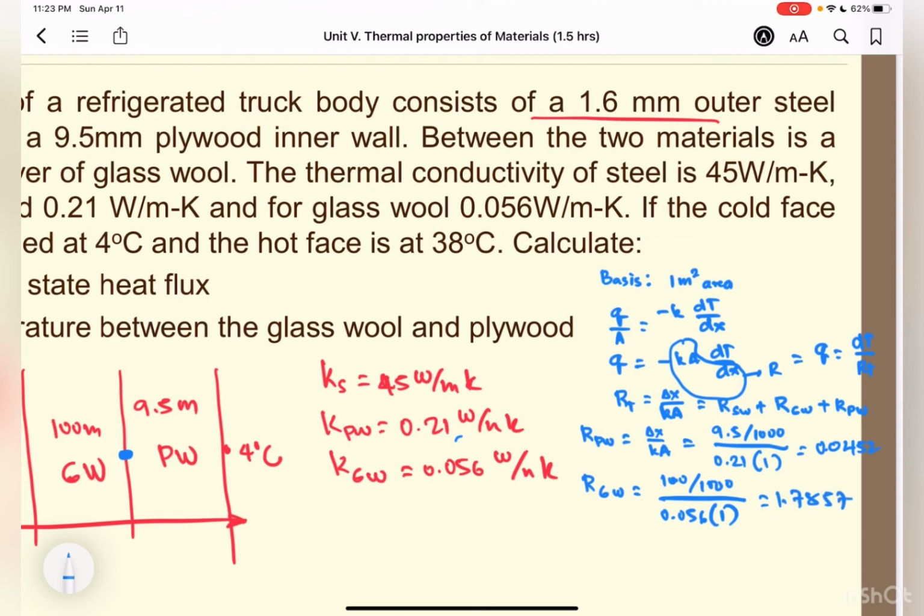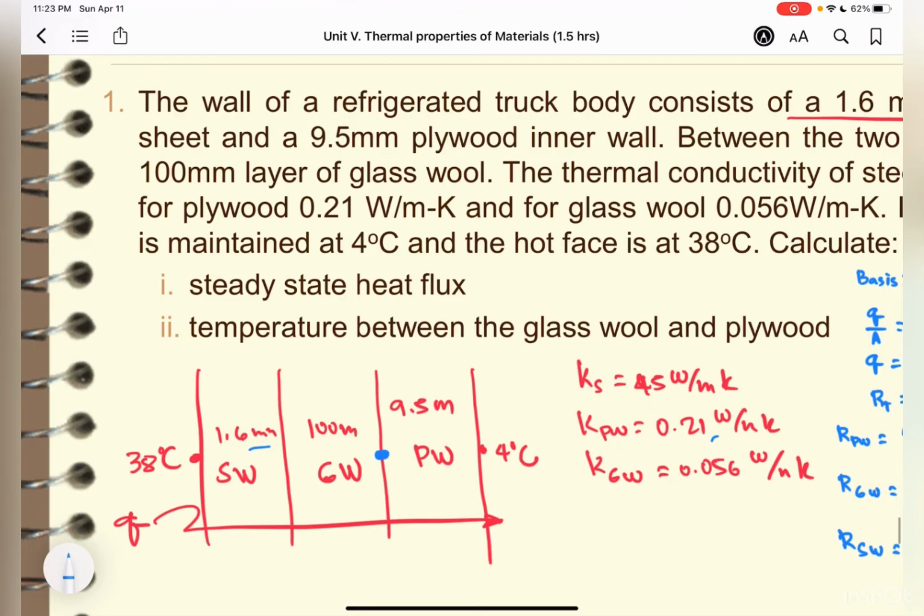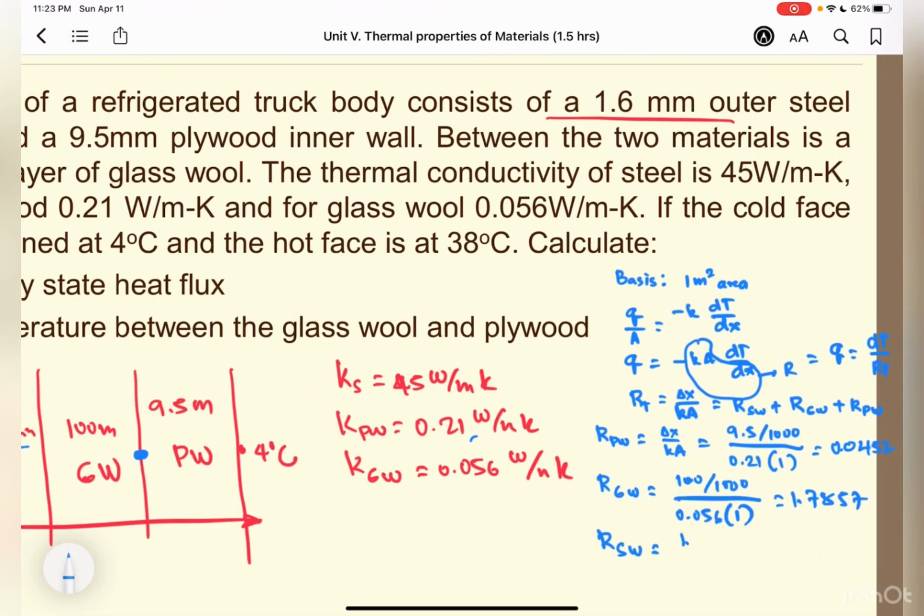So that's around 1.7857. Lastly, resistance of the steel wall, I have 1.6 millimeters, 1.6 over 1,000 millimeter per meter, times the K is 45 times the basis of 1 meter squared.